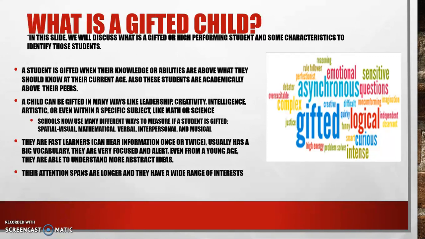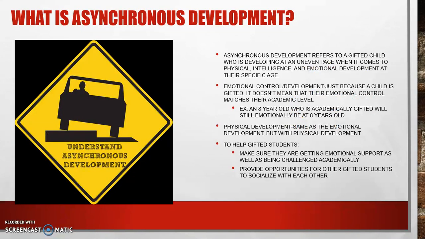Usually, they have a big vocabulary, above their age. They're very focused and alert, even from a young age, and they can keep their concentration. They're able to understand more abstract ideas, their attention spans are longer, and they have a wide range of interests.